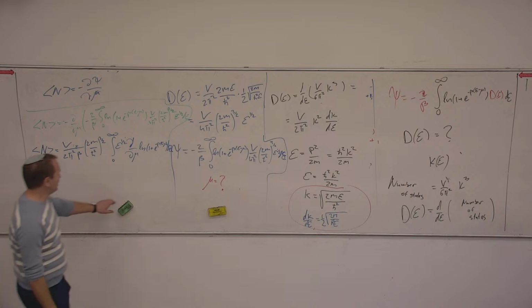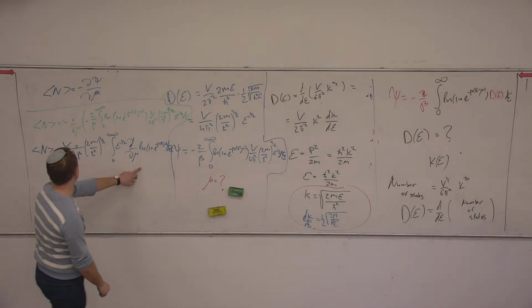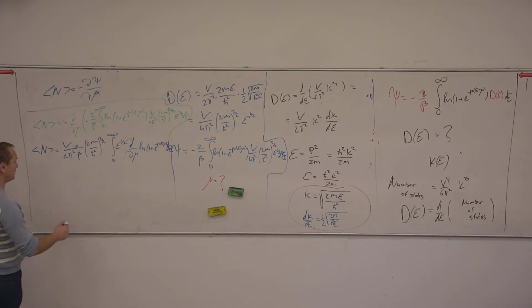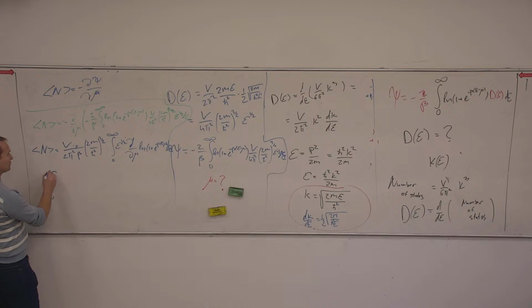Great. The derivative of the logarithm is fairly easy. Let's concentrate only on this part: an integral from 0 to infinity, ε to 1/2.